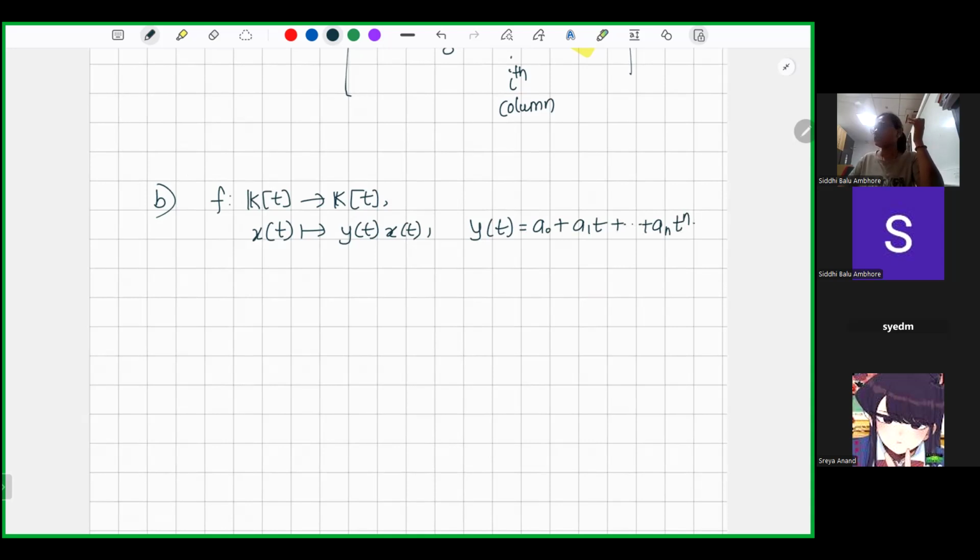Okay, and again, my basis b is t power I such that I belongs to n.